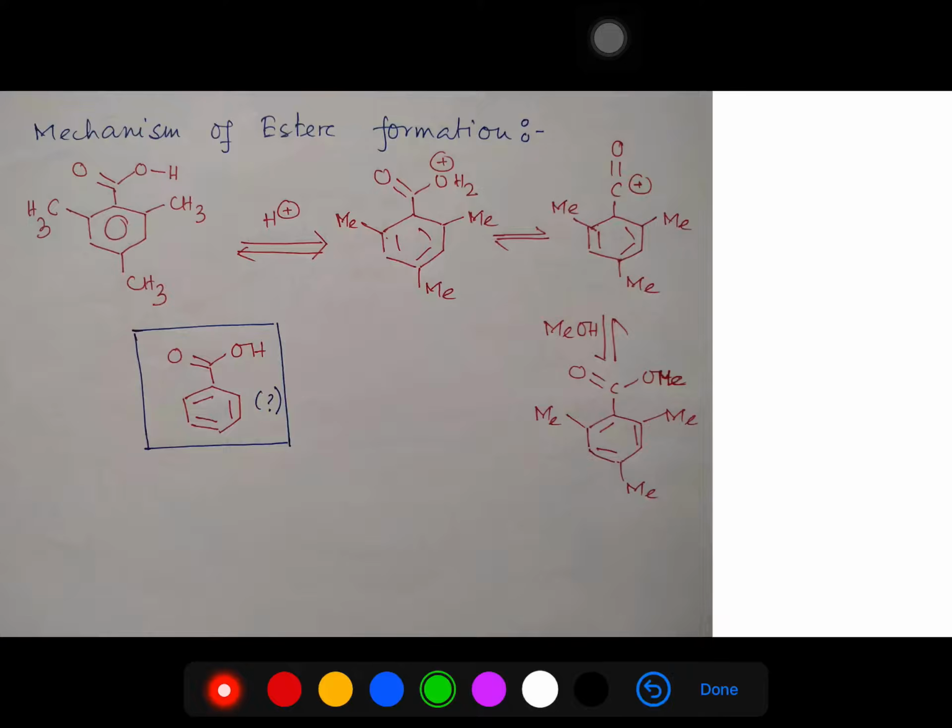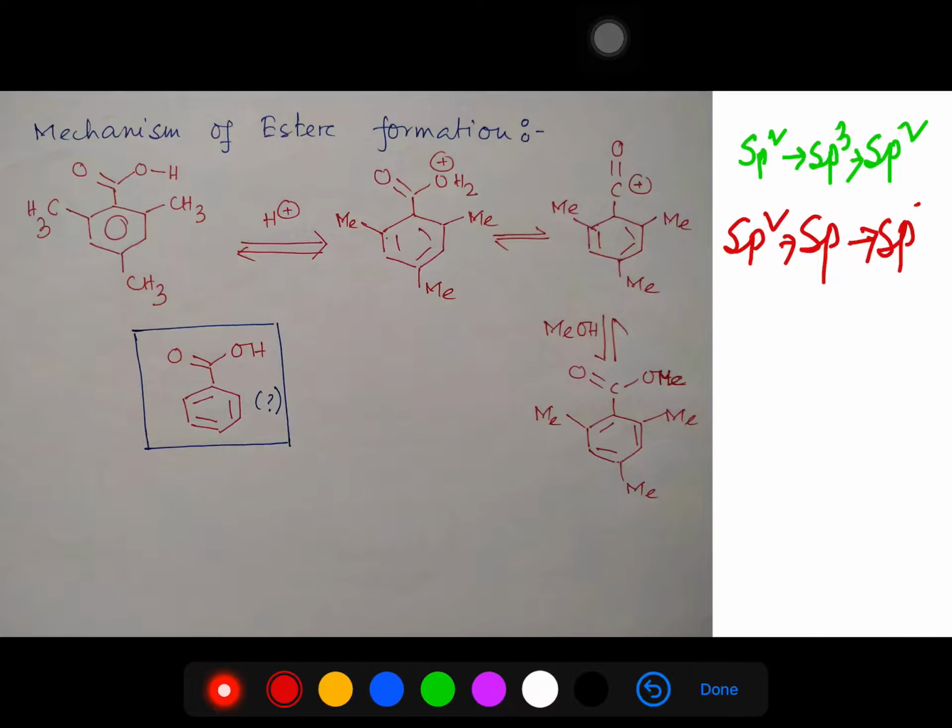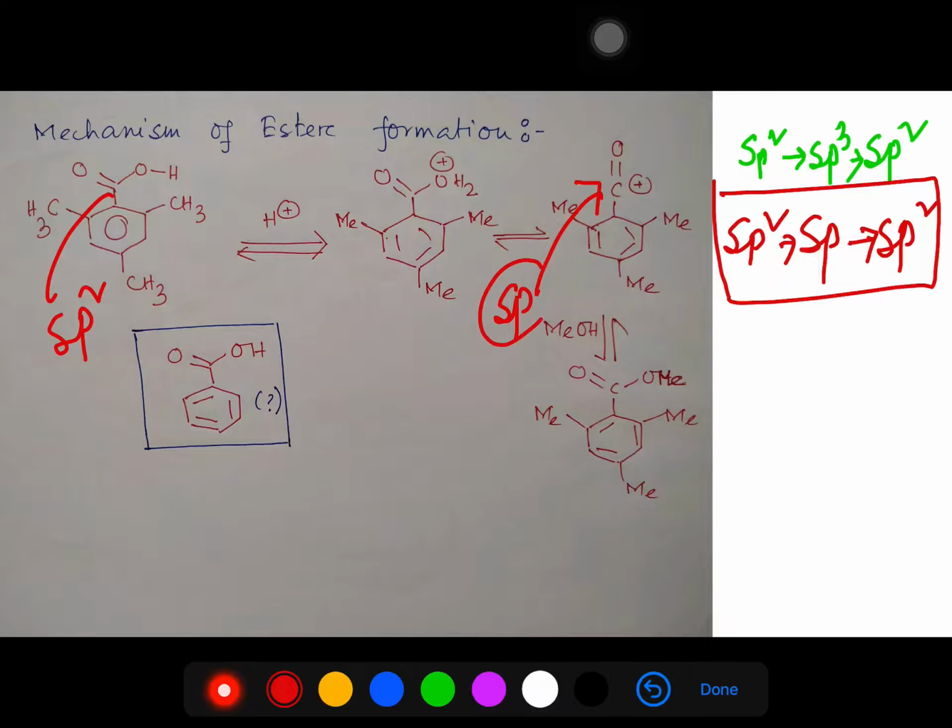The thing is that in this case, previously it was sp2 to sp3 to sp2, but in this mesitoic acid derivative it is sp2 to sp again to sp2. You remember this, it is interesting. So this carbon right now is sp2, this is sp, linear, and in this case this is also sp2.